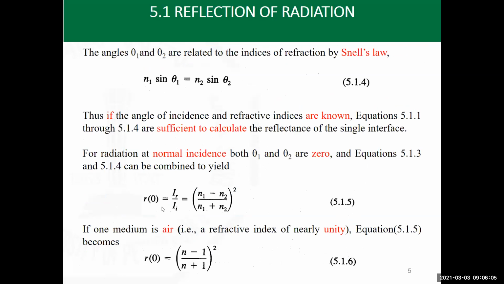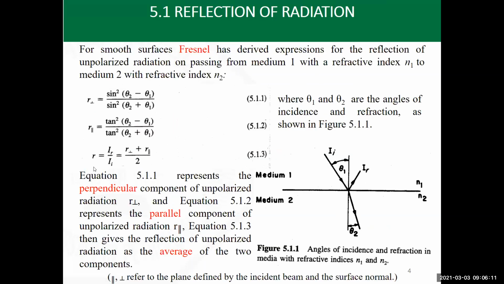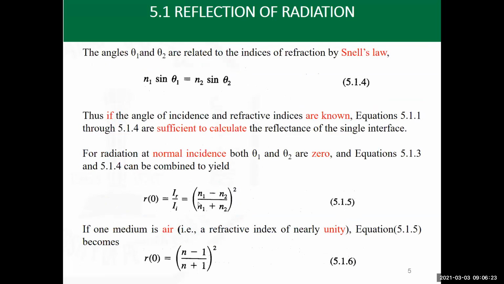Accordingly, equation 5.13 is going to be modified based on these values being equal to 0, and it's been worked out so that the value of the reflection can be calculated based on the refractive indices N1 and N2.